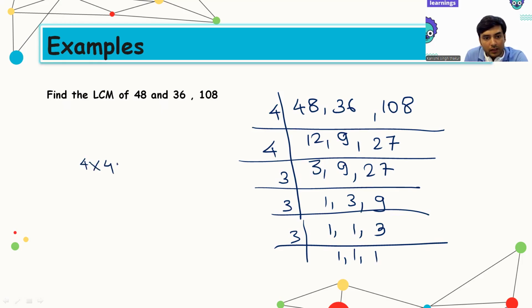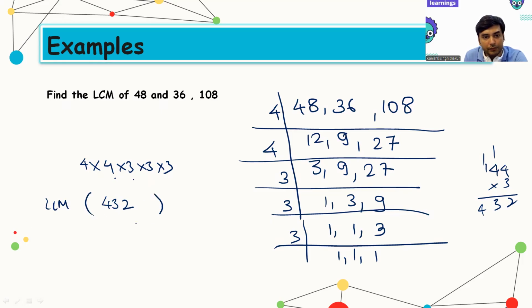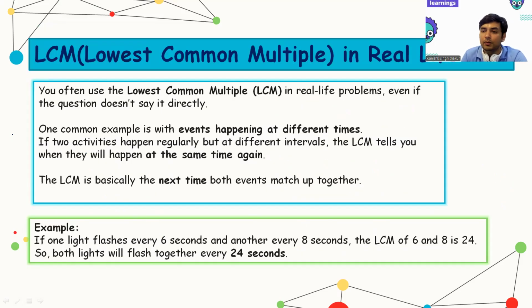So 4 times 4 times 3 times 3 times 3: 16 times 3 is 48, 48 times 3 is 144, 144 times 3 is 432. Okay, so this is our LCM. This is the lowest number which you'll be getting common in all of them.